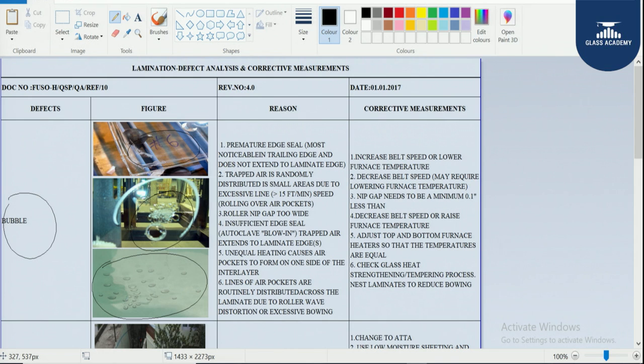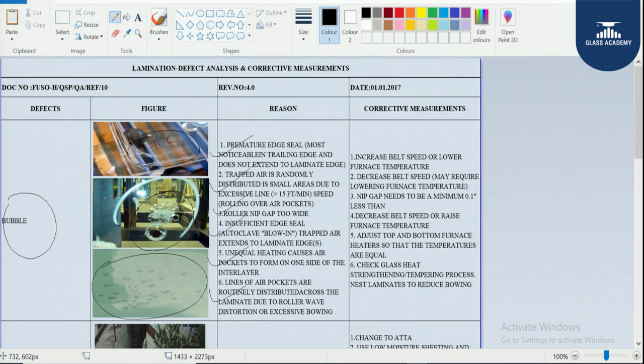The reasons being premature edge seal, most noticeable in the trailing edge and does not extend to the laminate edge, or trapped air randomly distributed in small areas due to excessive line speed, or roller nip gap too wide, or insufficient edge seal, where trapped air extends to laminated edges, or unequal heating causing air pockets to form on one side of the interlayer, or lines of air pockets routinely distributed across the laminate due to roller wave distortion or excessive bowing.